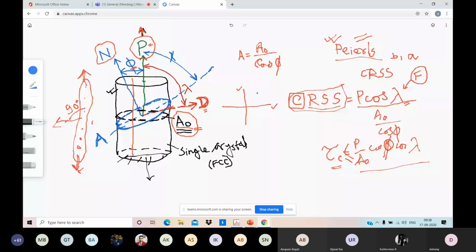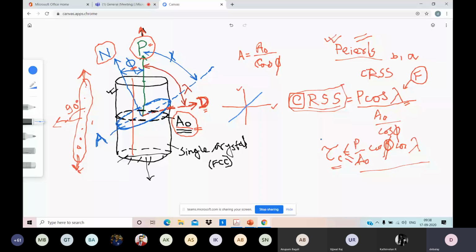It is considered that if you apply stress, the maximum resolved shear stress in a body will be at 45 degrees with respect to the principal stress. Later on we will learn what principal stress is.